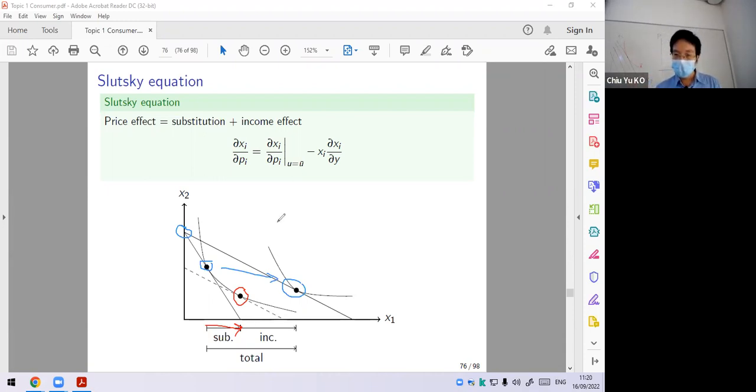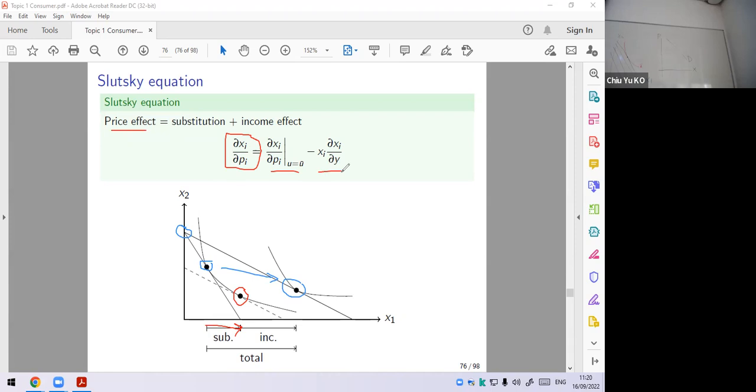Okay, so let's prove quickly. The price effect actually consists of two parts. So the Marshallian effect is actually two parts. So that's why I always said, I mean, I just said, right? You can imagine if there's no income effect, the price goes up, you always move along this indifference curve, right?